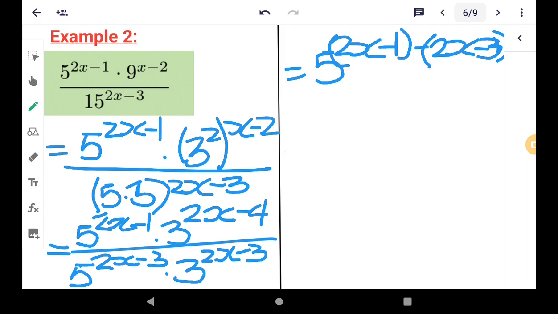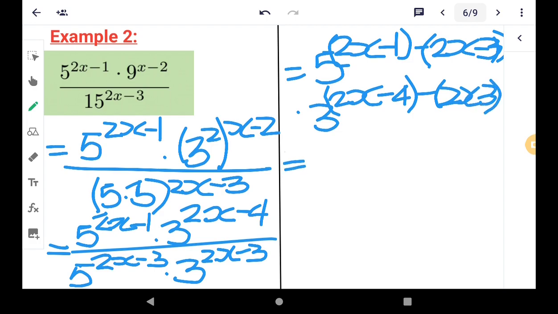We're focusing on the 5s now. Multiplied by, very important, not divided by, but multiplied by 3 to the power of 2x minus 4 minus 2x minus 3.